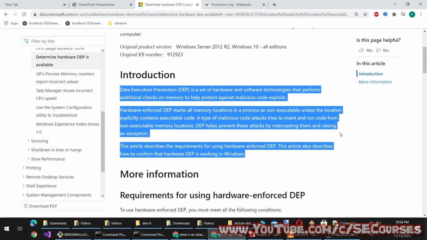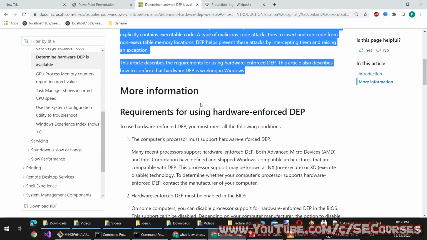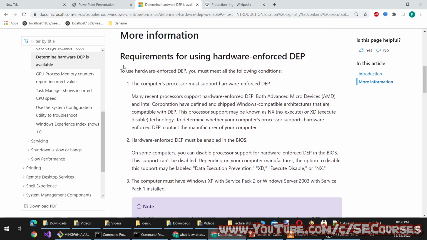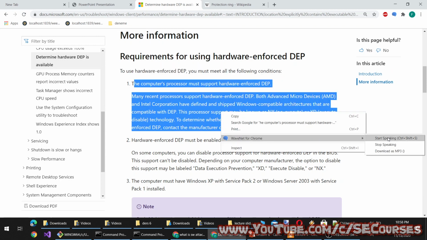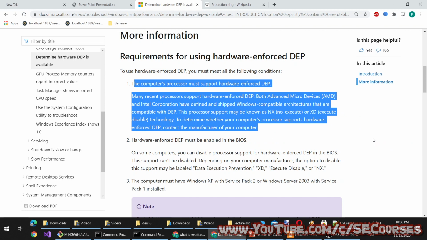This article describes the requirements for using hardware-enforced DEP. This article also describes how to confirm that hardware DEP is working in Windows. Okay, so what requirements are there? To use hardware-enforced DEP, you must meet all the following conditions. The computer's processor must support hardware-enforced DEP.